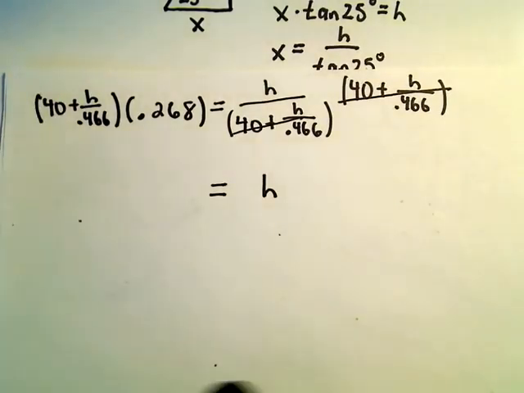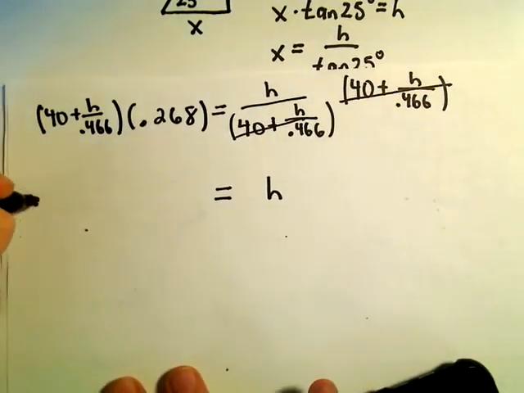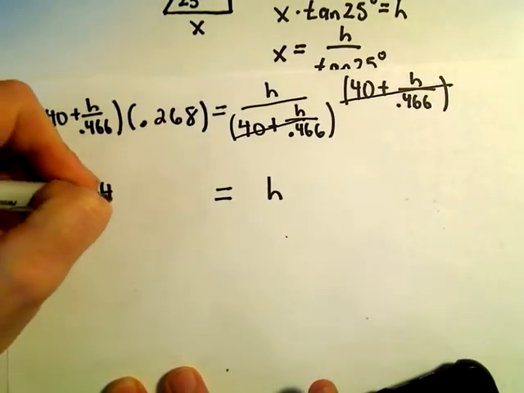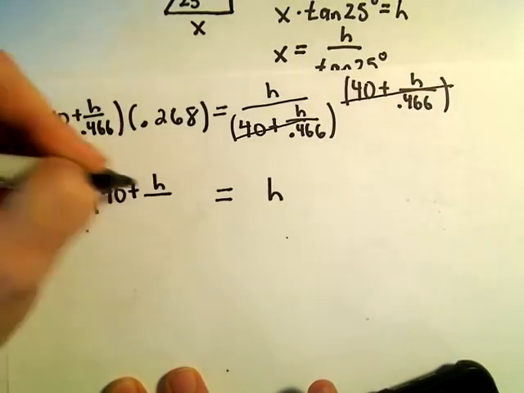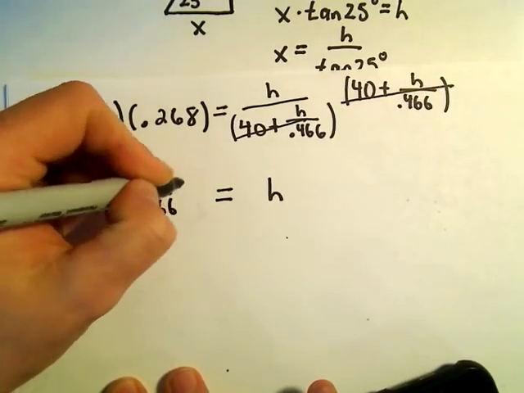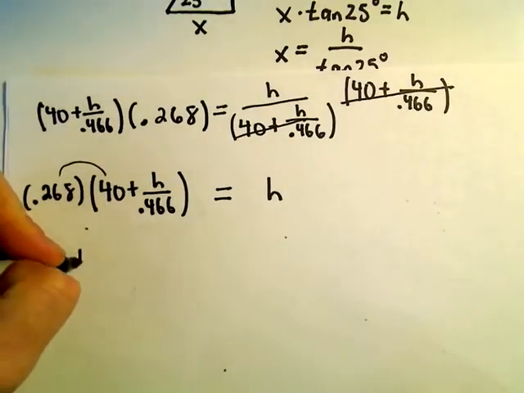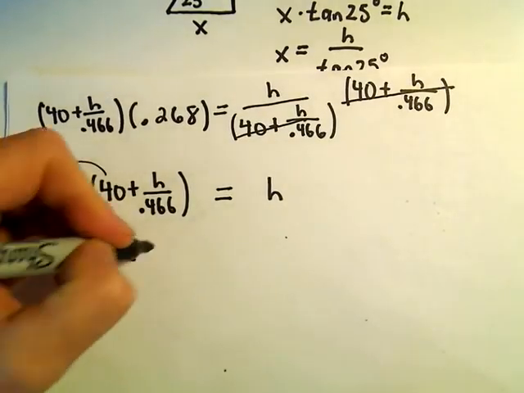On the right side, I'm going to distribute this out, because you can think about the 0.268 as being out front, and then we have 40 plus h over 0.466. So let's do a little distributing here. 0.268 times 40, I'm getting this to be 10.72.